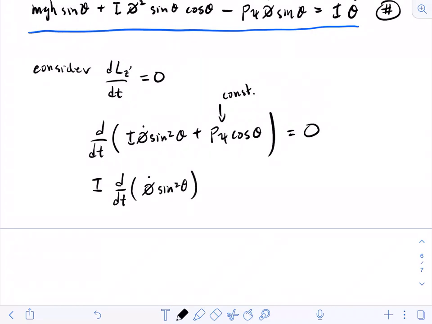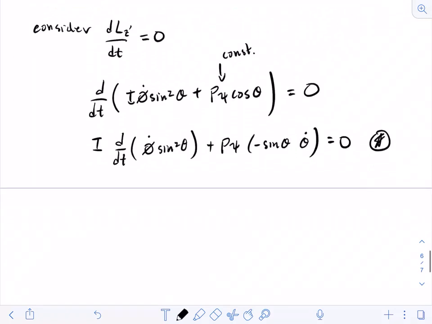And then we distribute the derivative, p psi is a constant, and then we have the derivative of cos theta, which becomes a minus sine theta, and then we have to take the time derivative of theta, so we get a theta dot, and so this has to be 0. I'm going to call this star. So now we have equation star and we have equation number sign, and we're going to come back to both of those.